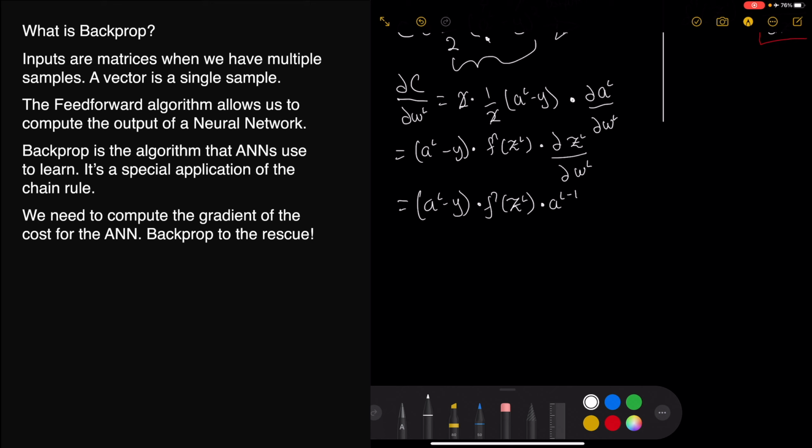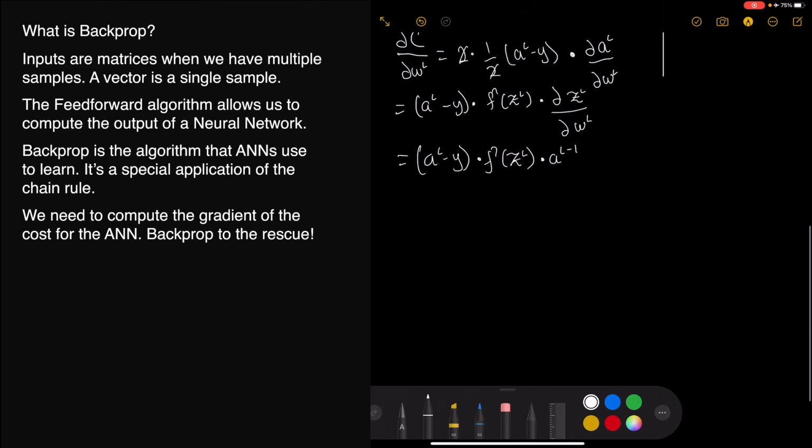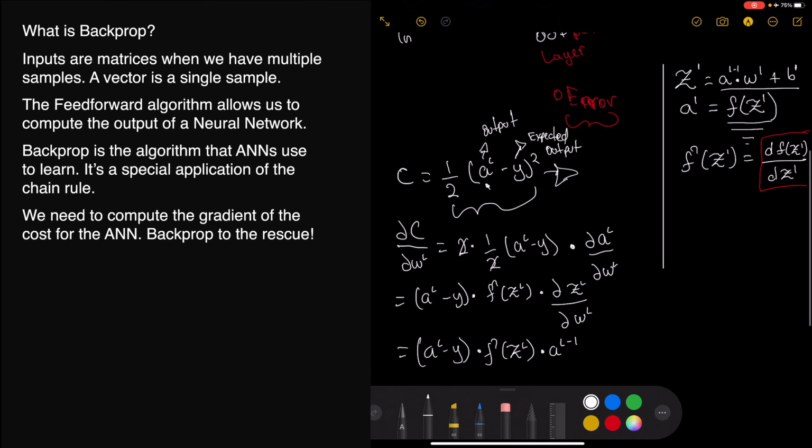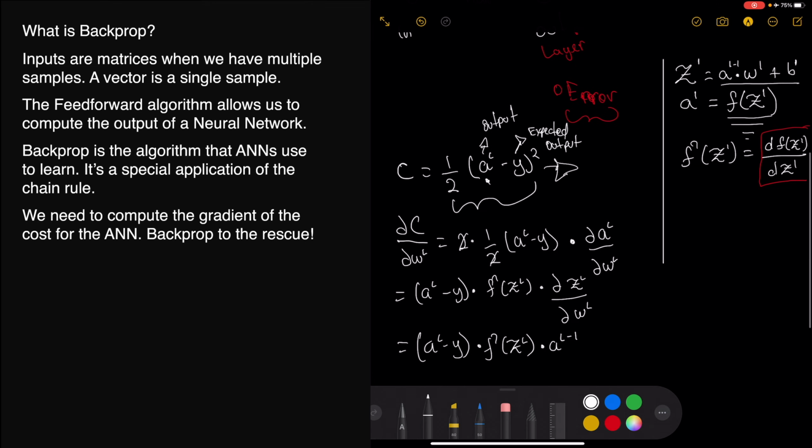Very simple. All right, we could also find the derivative with respect to b, but that's going to be the exact same thing, except that instead of finding the derivative of zl with respect to the weight, we are finding it with respect to the bias, which is just going to be 1.